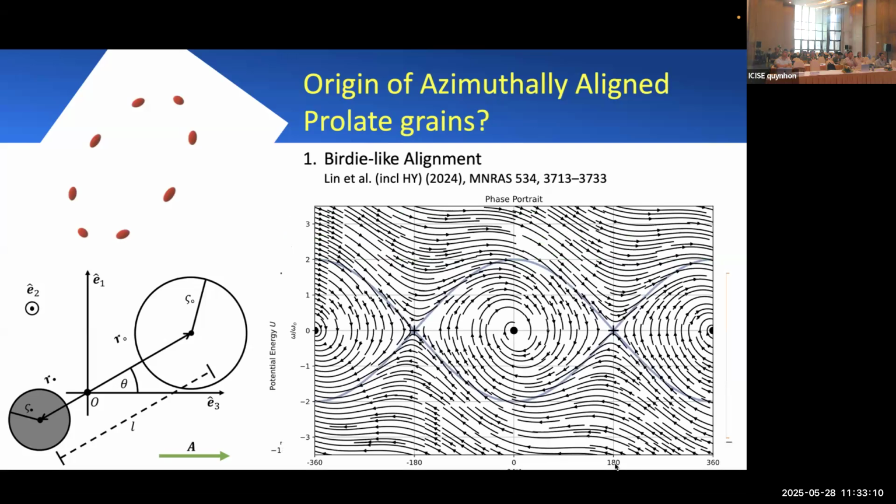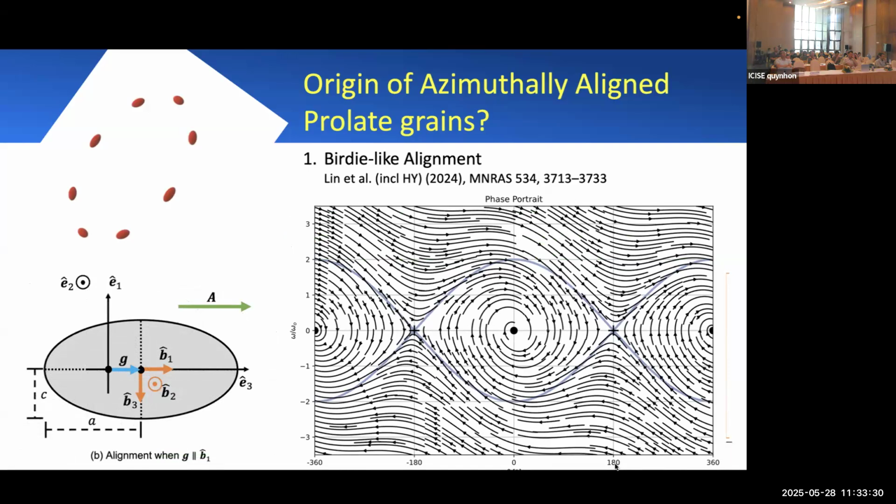Here is how it works in the phase diagram, where all the dust grains with some damping will eventually go to the alignment along the drifting direction. However, this is some oversimplified model.